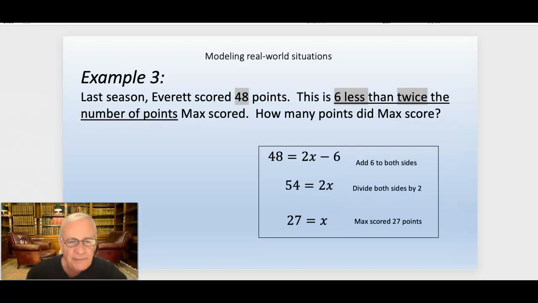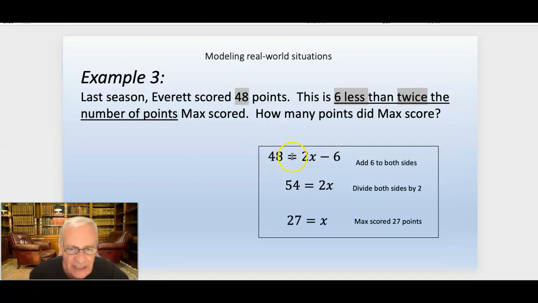Example 3. Last season, Everett scored 48 points. This is 6 less than twice the number of points Max scored. How many points did Max score? The variable is how many points Max scored. When it says Everett scored 48 points, and the next sentence says "this is," that means 48 is on one side of the equal sign.